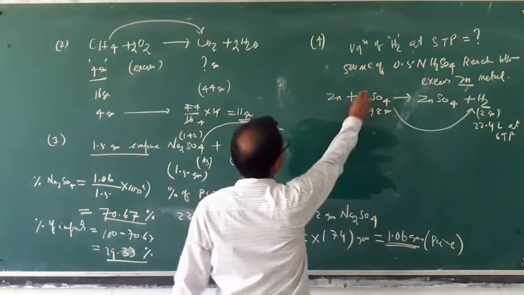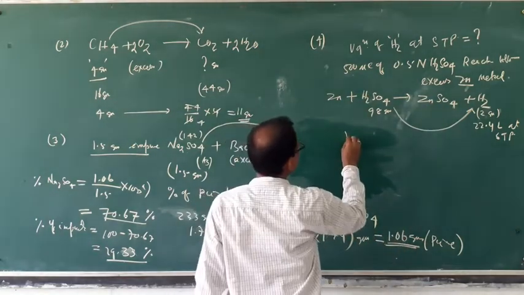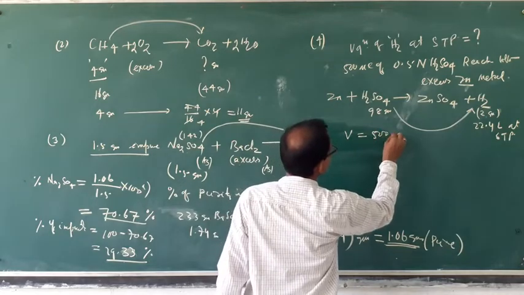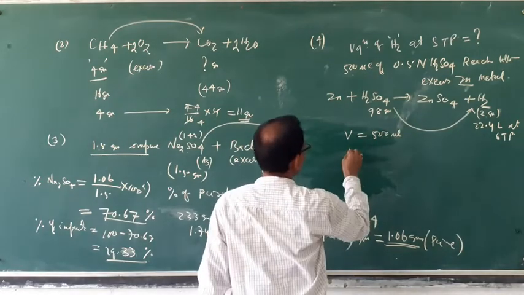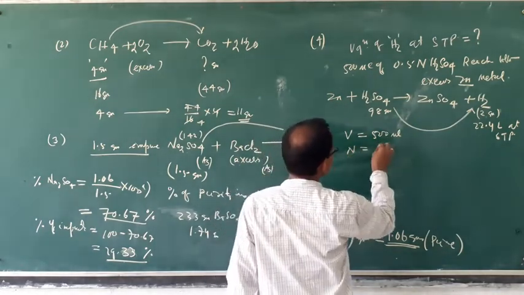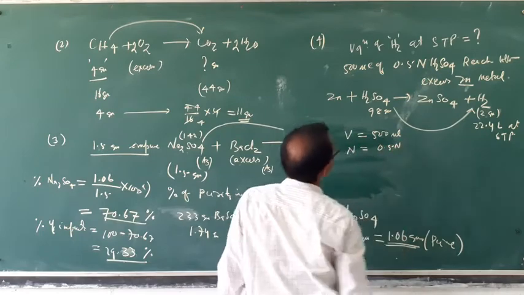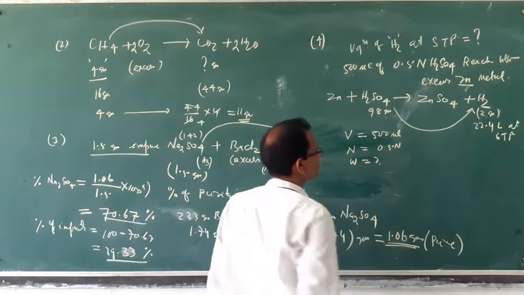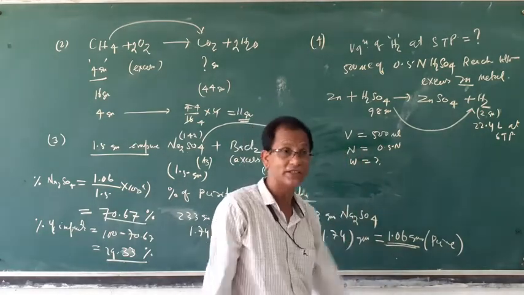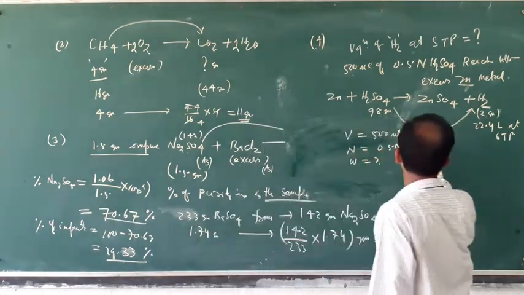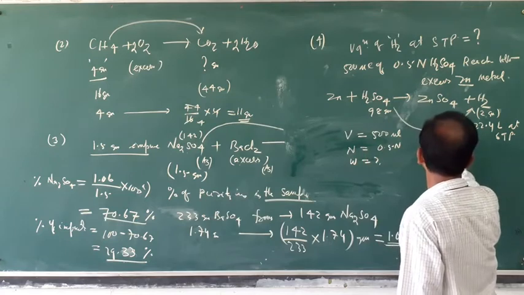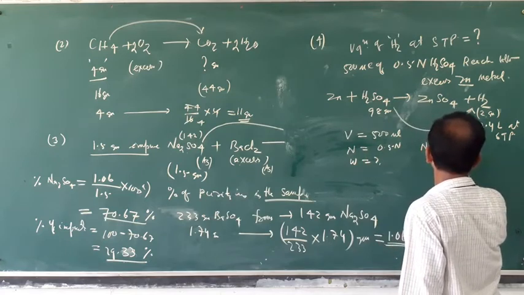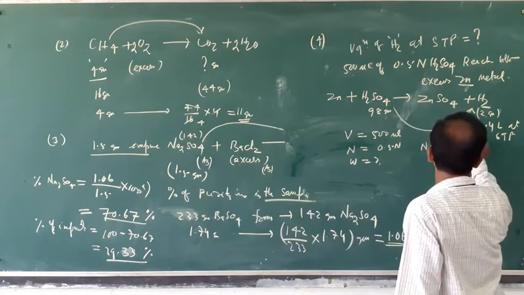So we know the volume is 500 ml. Then the normality is 0.5. Then W will be how much? How much sulfuric acid is present in the solution? So you apply the formula. Normality is equal to W by E into V into 1000.